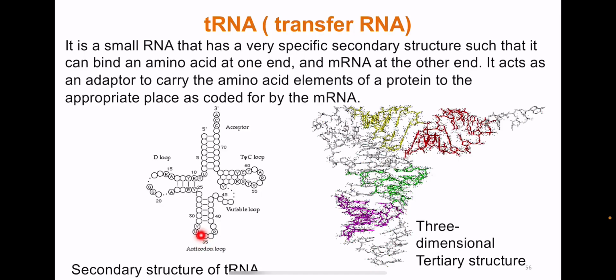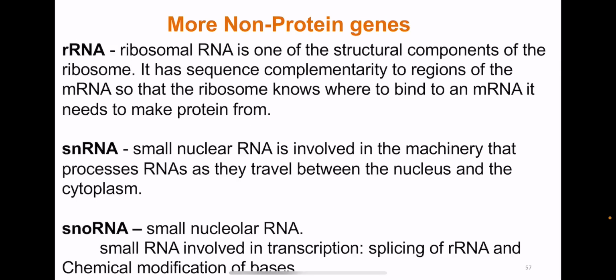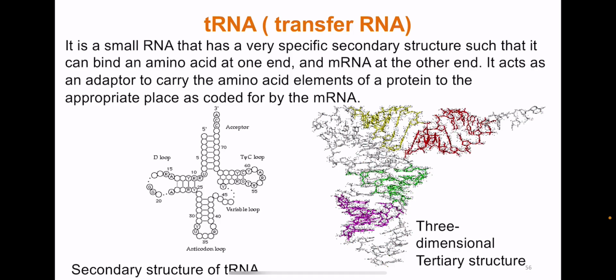This shape of the tRNA is called the cloverleaf, I think. It is a single strand. This is the acceptor site. We call it that because the tRNA has to go to a particular enzyme, the aminoacyl-tRNA synthetase, which gives it an amino acid.